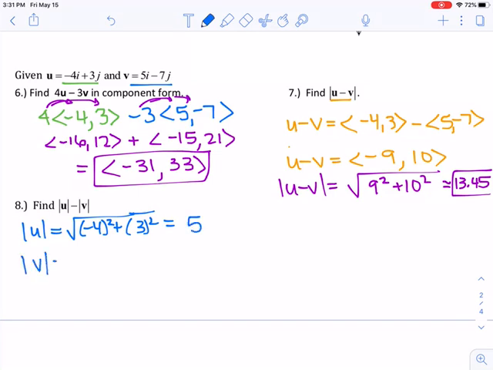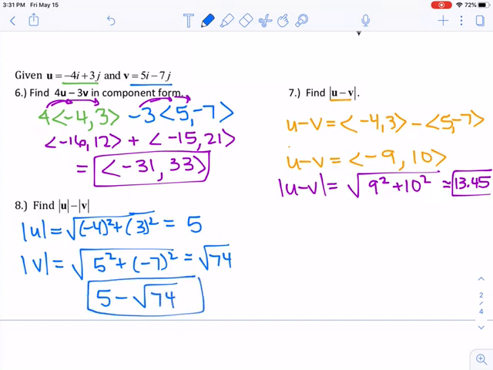Then, if I want to find the magnitude of v, I'm going to take the square root of 5 squared plus negative 7 squared, and that's going to be the square root of 74. So if I want to find the difference of these two lengths, I can take 5 minus the square root of 74, and you can leave it like that, or you can write it as a decimal.